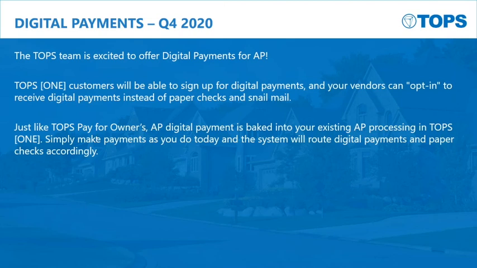So right now there are a few options, and I do want to touch on, as you talk about client feedback, how important it is to us to hear from our customers. When we develop software here at TOPS, we want to create the most value for all of you and partner with you so you can be as successful as possible.